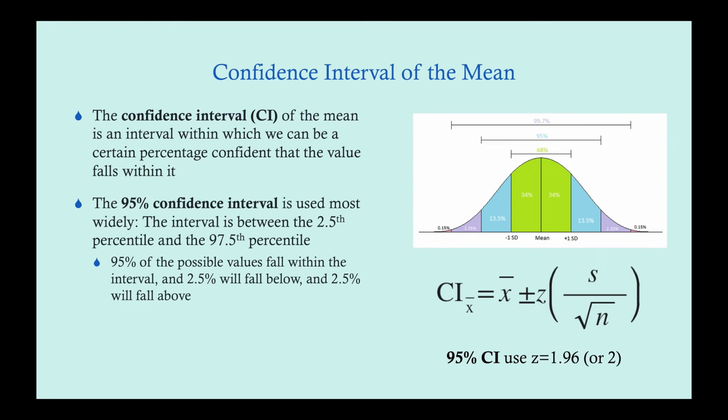The one that we most commonly use is the 95% confidence interval, and you've probably seen this in the literature. So 95% confidence interval, and what that tells you is the interval between the 2.5th percentile and the 97.5th percentile. So what that means is that 95% of the possible values will fall within this interval.